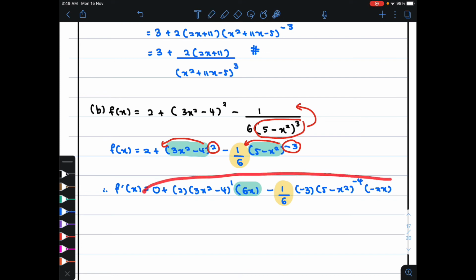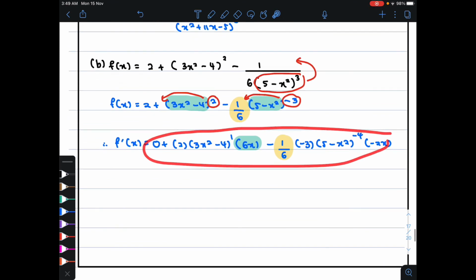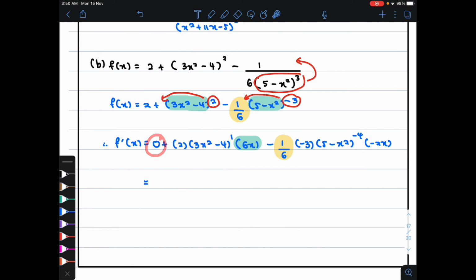So now simplify everything here. 0 can be ignored. For this one, try to simplify. This is 2 times 6x, and then you times it with 3x squared minus 4. And for the last term here, you have negative 1 over 6 times negative 2x.